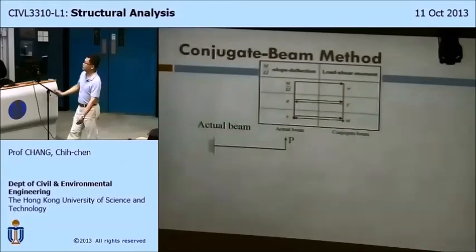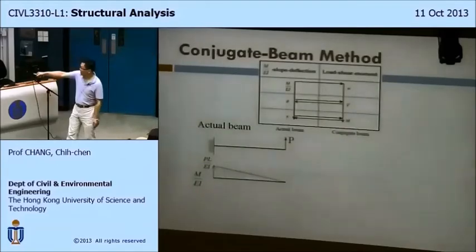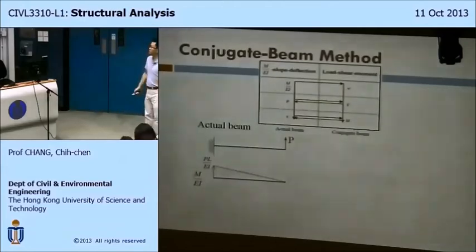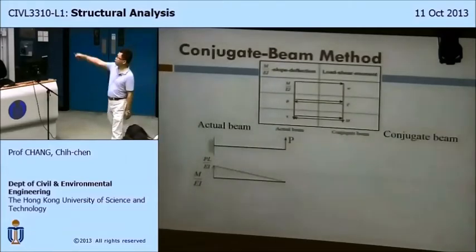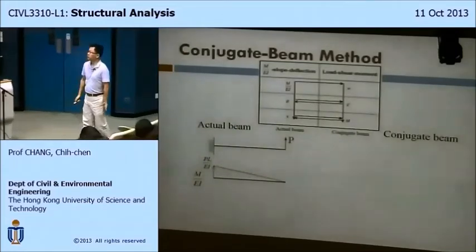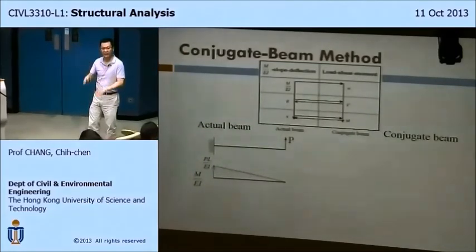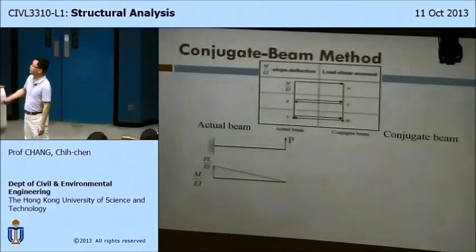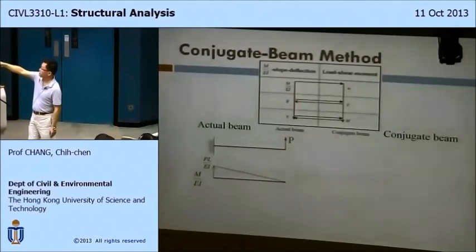So I need to find M over EI, convert that M over EI to loading, and then do equilibrium calculations. So I need to formulate the so-called conjugate beam, which is an imaginary, mathematically imagined beam. It's not a real beam. Following these conversions, I need to convert all three of them to that domain.